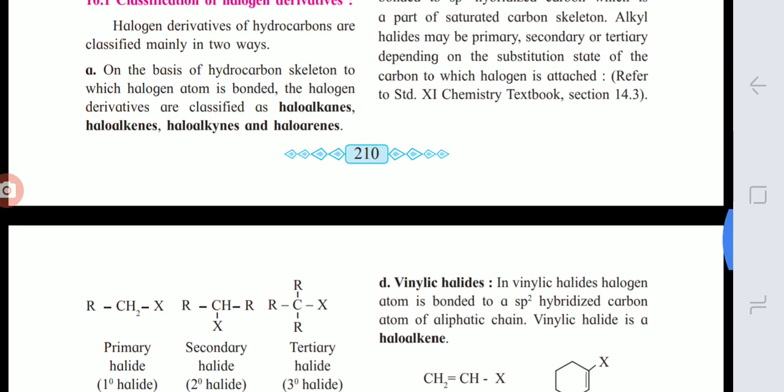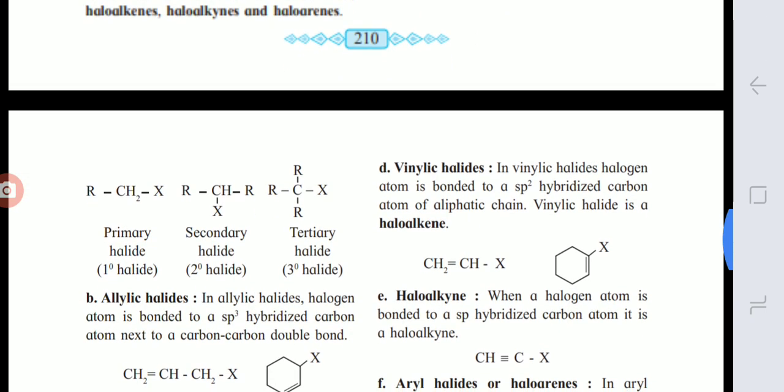So let us see the types of carbon atom, which you revise in the 14th topic of 11th standard. A carbon which is attached to only one carbon is a primary carbon. If your halogen is present on such a primary carbon, the alkyl halide is a primary alkyl halide.